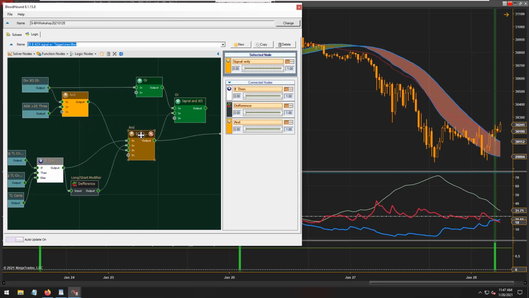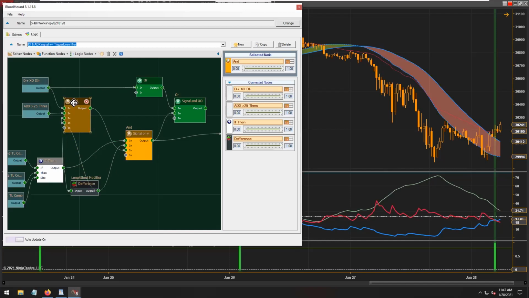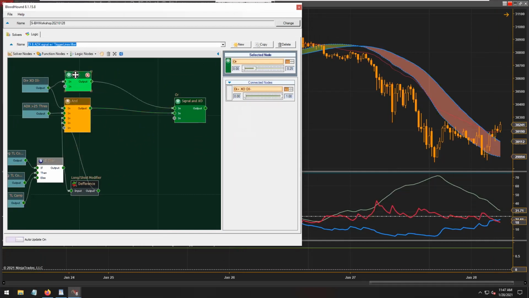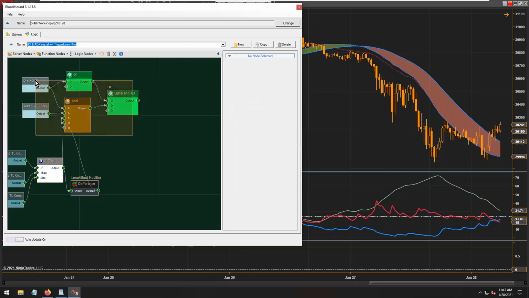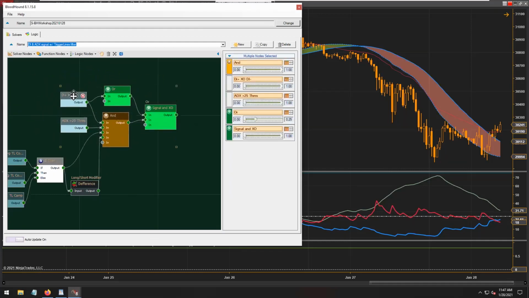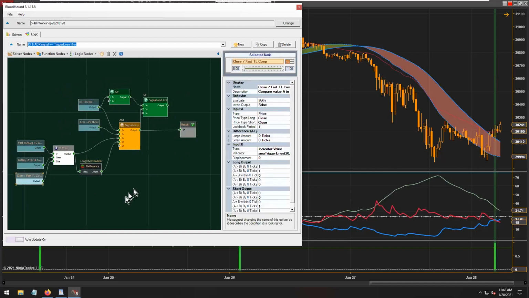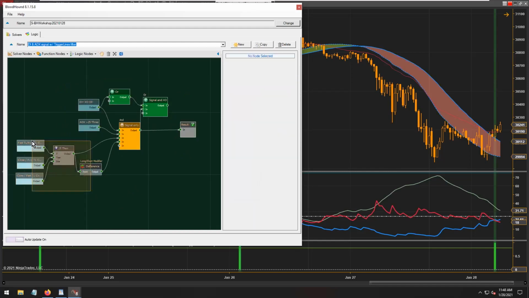So what I can do is just connect that up there and connect that up there, and I can remove this now and then connect that into there. And so there, now I can simplify all of this. All right, so there's our final product.